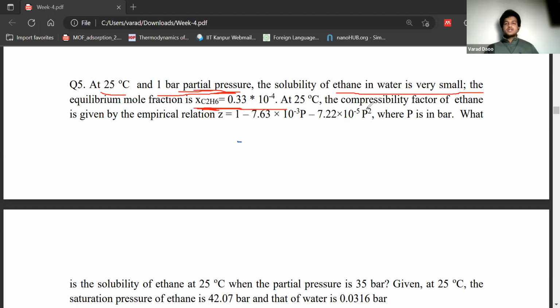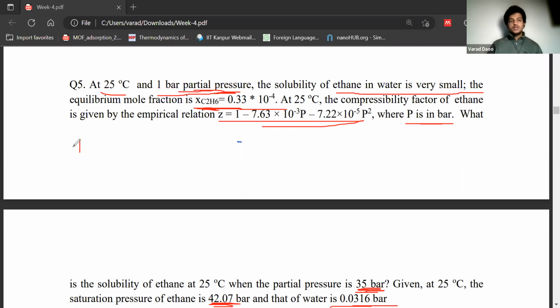At 25 degrees centigrade, the compressibility factor of ethane is given by this empirical relation, where P is the pressure in bar. What is the solubility of ethane at 25 degrees centigrade when the partial pressure is 35 bar? We are also given the saturation pressure of ethane at these conditions as 42.07, and that of water is this.